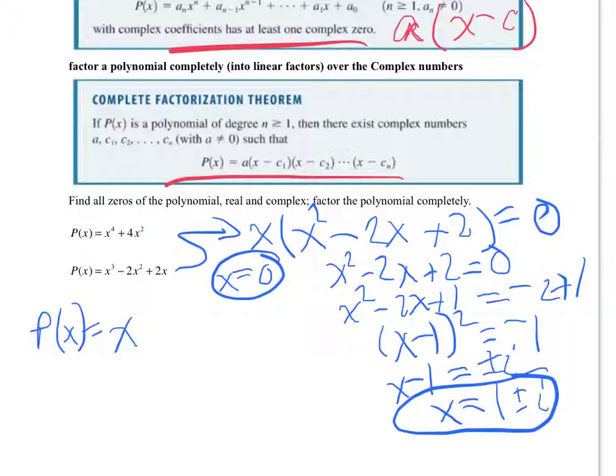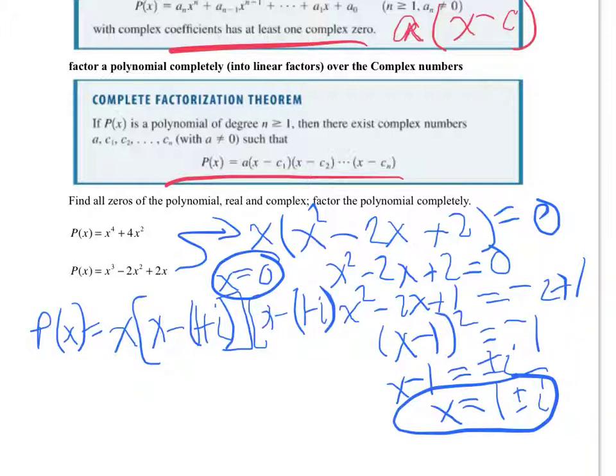Next factor is x minus 1 plus i. Forgot to write the 1. 1 plus i. And the next one is x minus 1 minus i. It's getting a little tight right there.